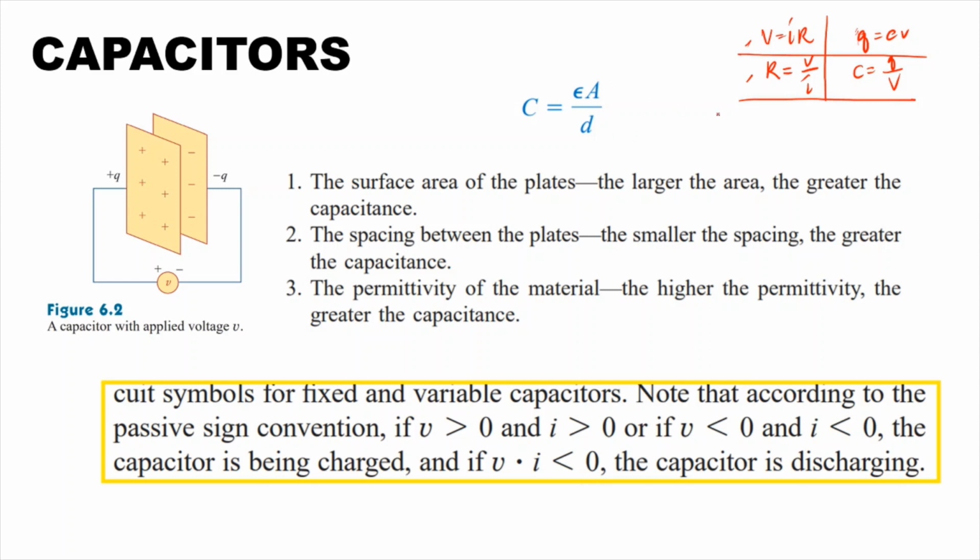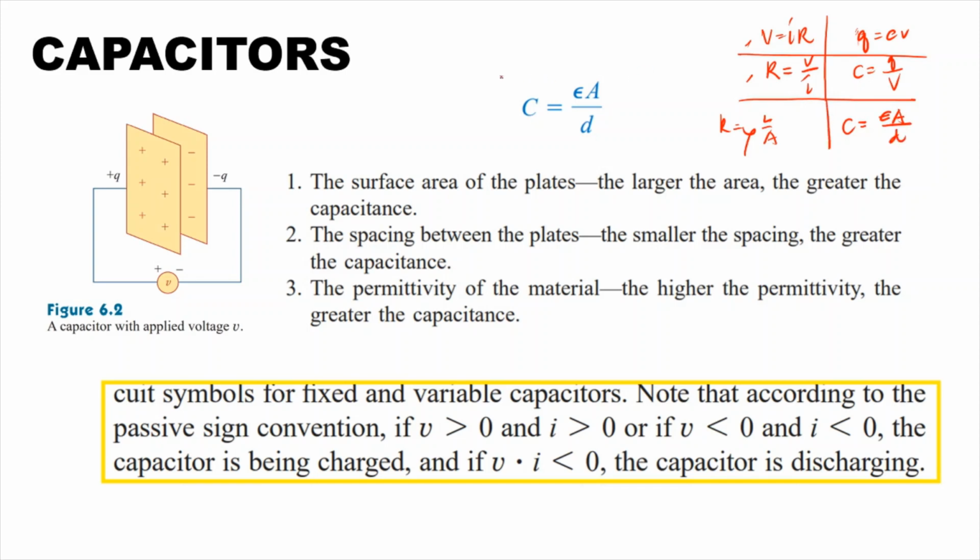Kasi sa resistance natin, we have an equation for that, it is dependent on rho L over A, the dimension and the characteristic, yung resistivity ng ating element or kung ano mang material yon. As well as yung C natin, it does not depend on the Q and V. It depends on the physical dimension of the capacitor, represented by epsilon A over d.